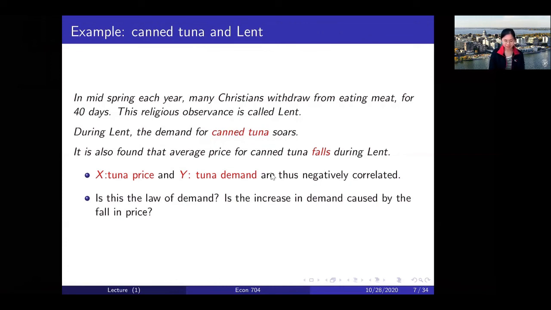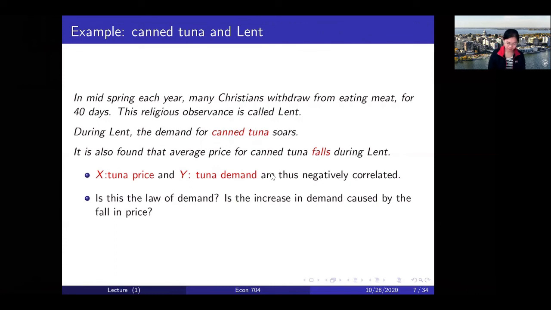It is also found that the average price for canned tuna falls during this period. If you let X denote the price of tuna and Y denote the demand for tuna, they seem to be negatively correlated. Is this the law of demand? Can you say that this correlation predicts how demand changes with tuna price? Can a firm that sells tuna use this correlation to set price to maximize profit?